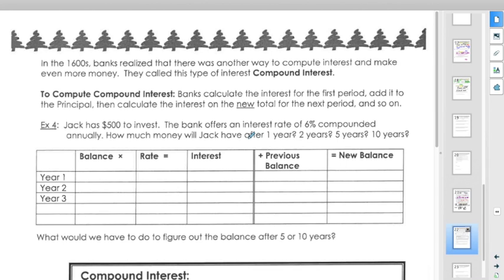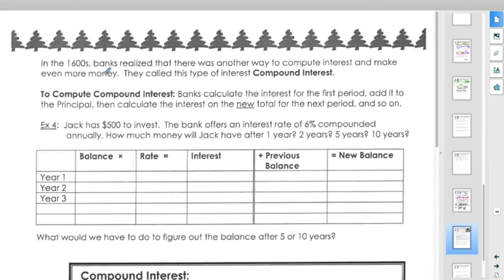So they're getting even more money from you, right? For simple interest, they would just keep taking the interest from your original principal. And now for compound interest, they're going to take the interest from your higher total each year that goes on.